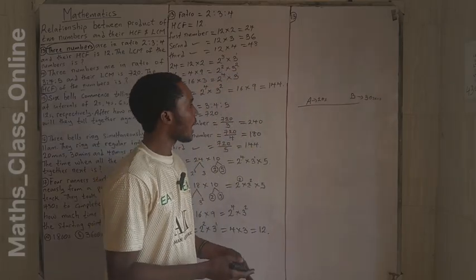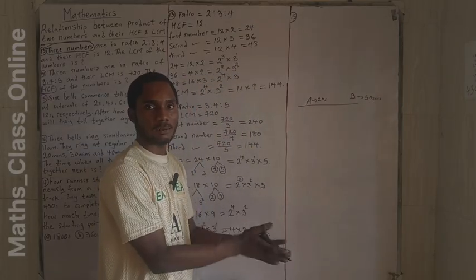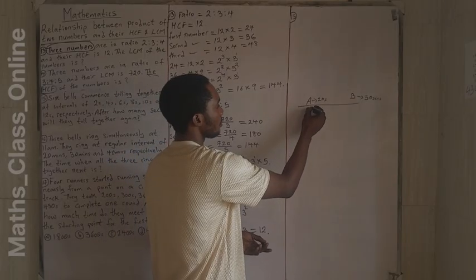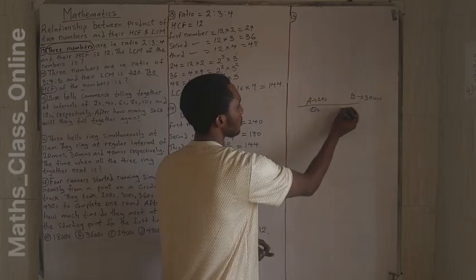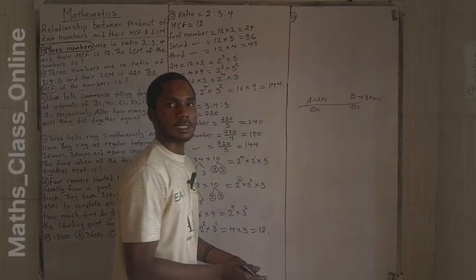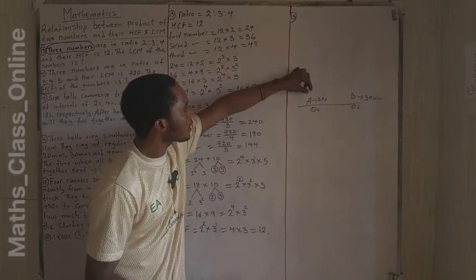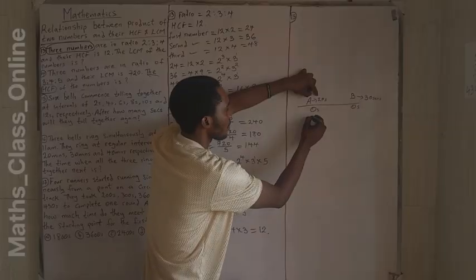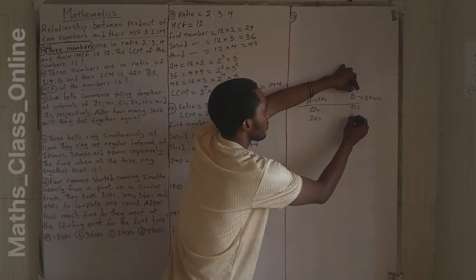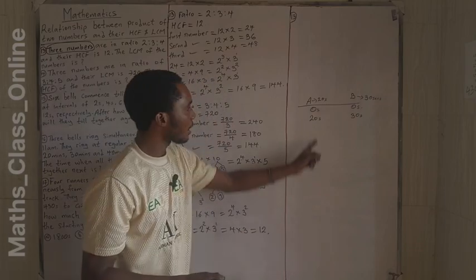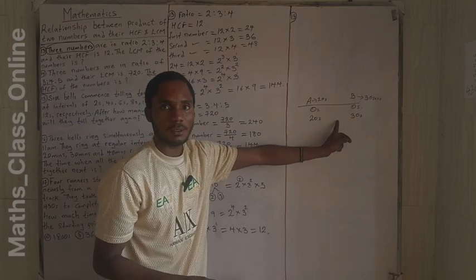Now let's assume at first they ring together now, at zero seconds. The next time this alarm will ring is 20 seconds, and the next time this alarm will ring is 30 seconds. They cannot ring at the same time here.